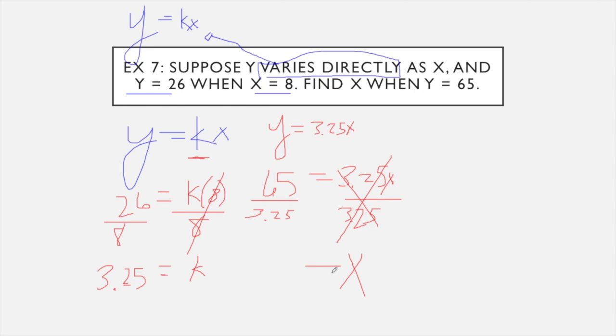And it'll be equal to, let's check this in a calculator. 65 divided by 3 1/4 will give us a nice number, 20. X is 20 based on this relationship. So remember, if ever you see varies directly, that's going to mean use y equals kx. So example 7, x comes out to be 20 using that rule.